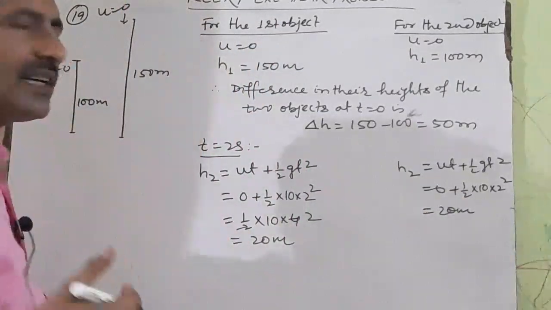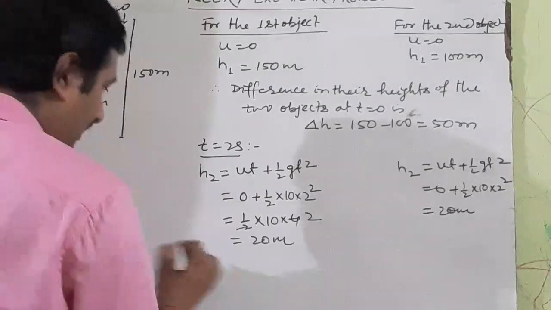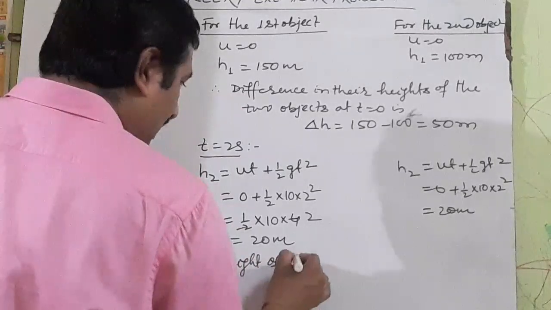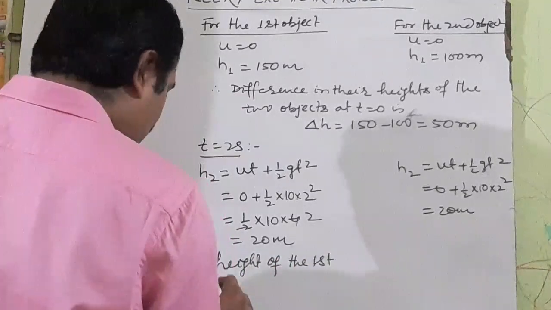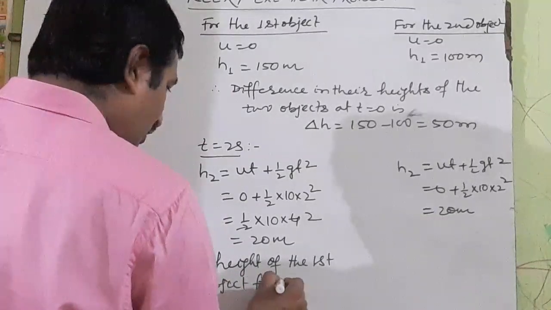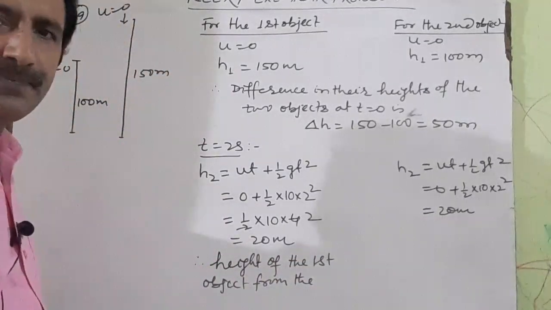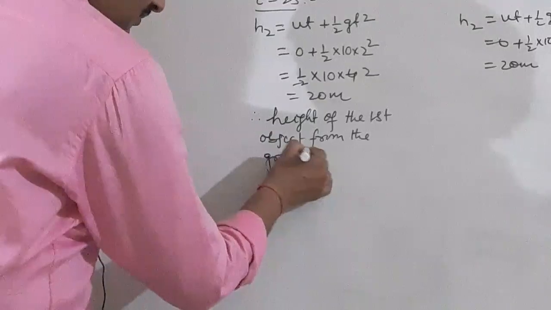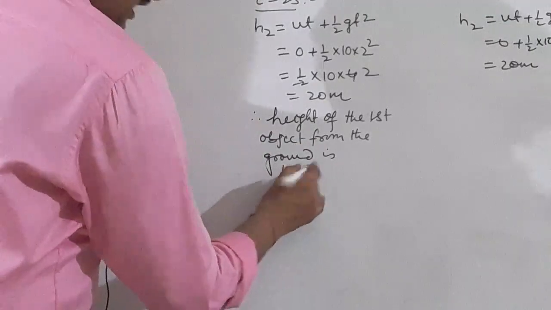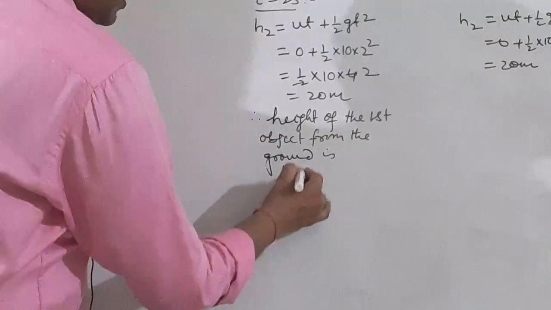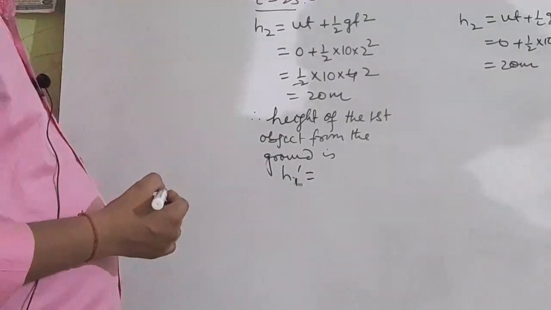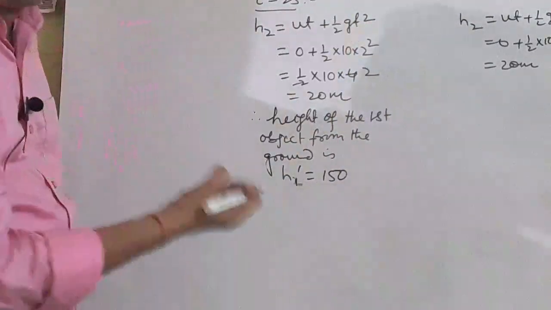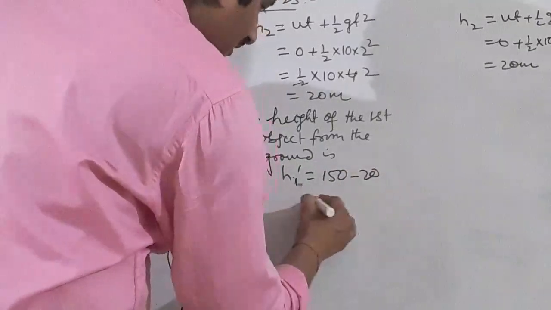So what is the height of the two objects now? Difference in their heights. The height of the first object from the ground is h1 dash. h1 dash is how much? h1 was 150, and out of 150, 20 meter it has traveled now, so minus 20, this is 130 meter.